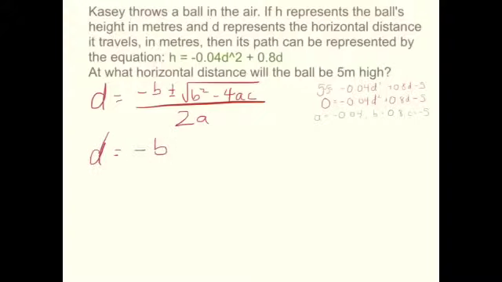Now I'm going to substitute. So my B value is 0.8, so negative 0.8 plus or minus the square root of, so B squared would be 0.8 squared minus 4 times A, which is negative 0.04, and C is negative 5.